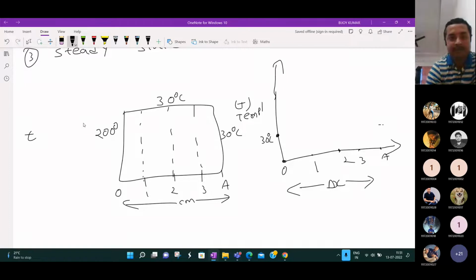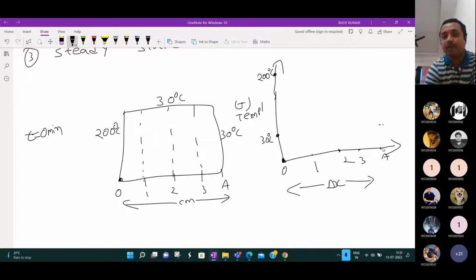So after time t equal to 0, we supply 200 degrees centigrade at this end, that is, at the position of 0. Then what will be the temperature at 0? It will be 200 degrees centigrade, because we applied 200 degrees centigrade here.